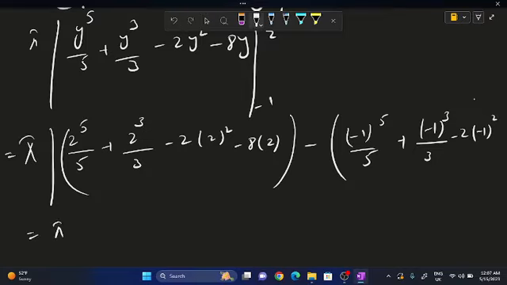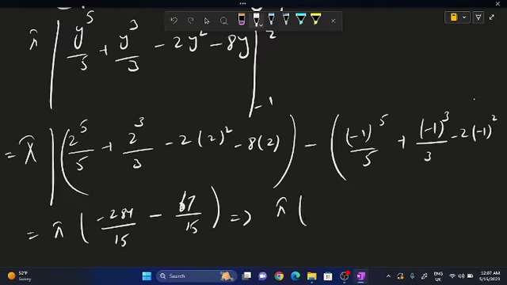After solution, your volume value will be pi times minus 284 divided by 15 minus 67 by 15, that gives you pi of, taking the LCM 15 and doing the simplification over here, that will give you your answer as pi of 23.4.